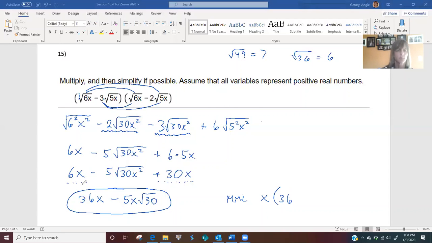X times 36 is 36x, true. X times negative 5 square root of 30, you see this, is technically that one, but I would prefer this over here on the left. That one on the right is in factored form, and nobody asked you to do that right now. So that's it for 10.4, and then I'll make you something new for the next section.